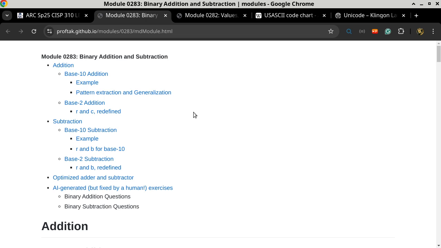All right. So the first thing about this particular module is how we do things in base 10. The flow in this module is: one, we study how we do things in base 10. Hopefully it is familiar to you. Two, we extract the structure out of how we perform multi-digit base 10 addition.